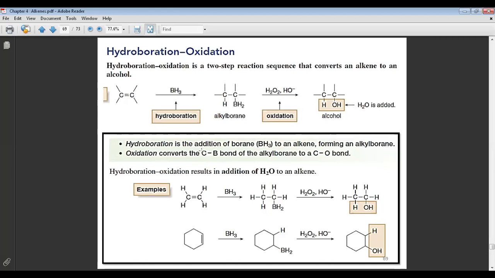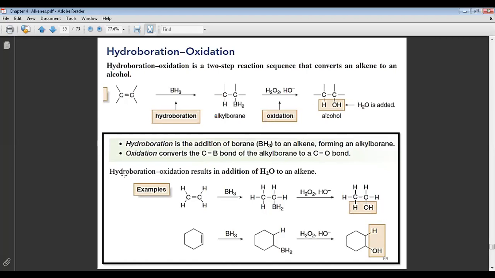Oxidation converts the carbon-boron bond, focus on this bond, to a carbon-oxygen bond. That means converting the BH2 to the OH, just like that.